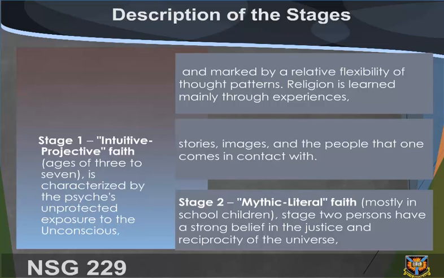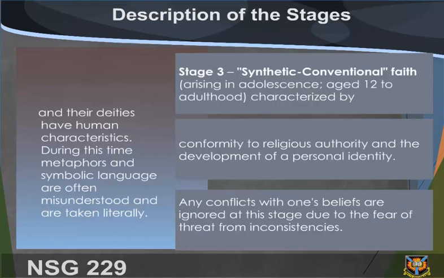Stage 2, mythic-literal faith, mostly in school children. Stage 2 persons have a strong belief in the justice and reciprocity of the universe, and their deities have human characteristics. During this time, metaphors and symbolic language are often misunderstood and are taken literally.